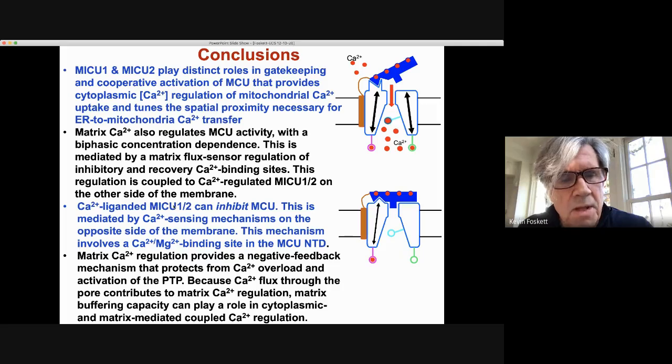And this type of regulation then provides a finer feedback control of MCU activity, and suggests a very important role for matrix buffering capacity in regulating the activity of the uniporter in different cytoplasmic calcium regimes.